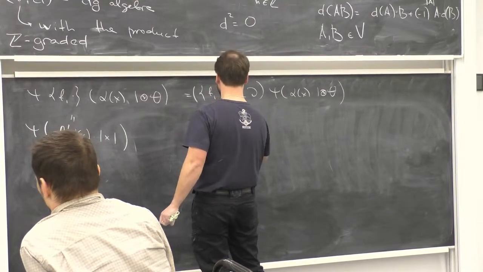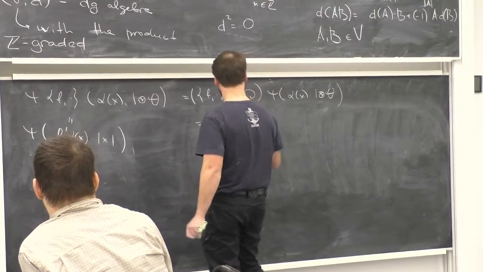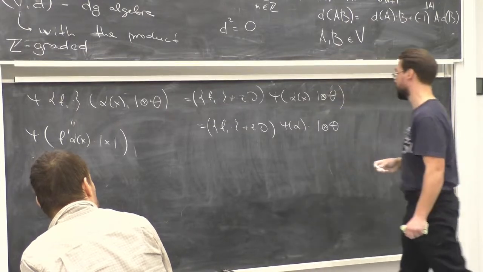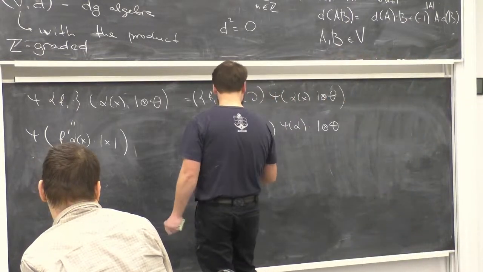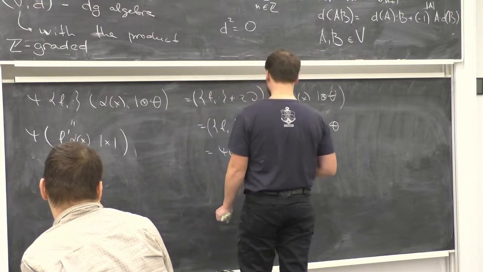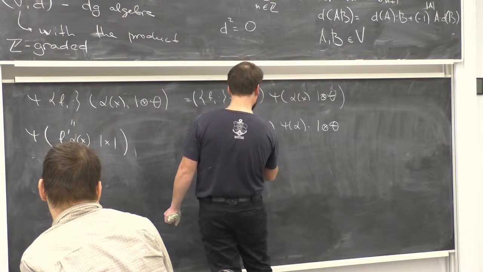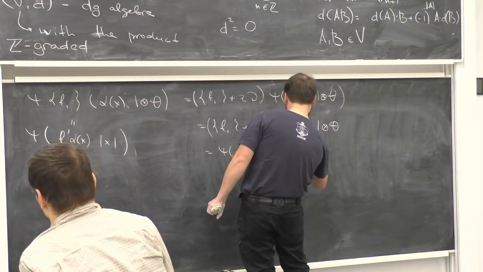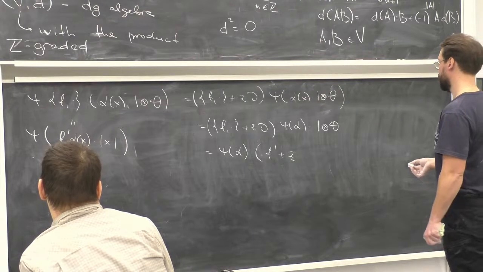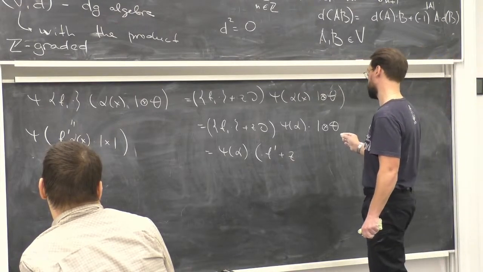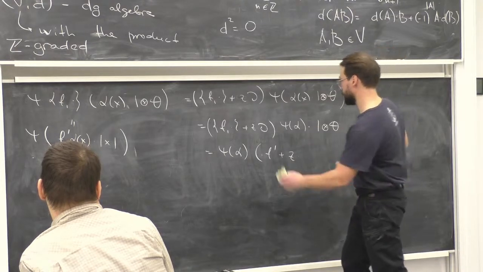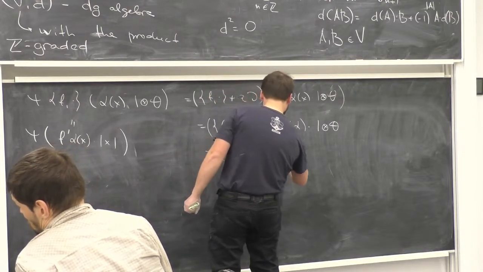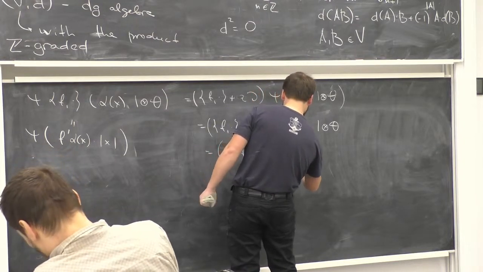So this will be bracket f plus zd of C of alpha 1 times theta, and this is equal to C of alpha multiplied by f prime plus z d.